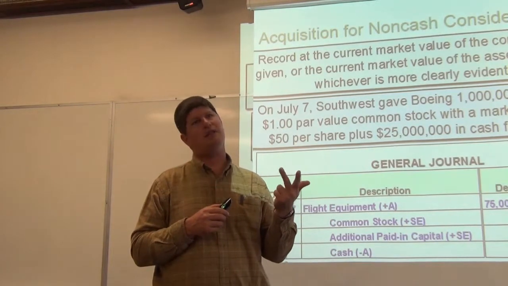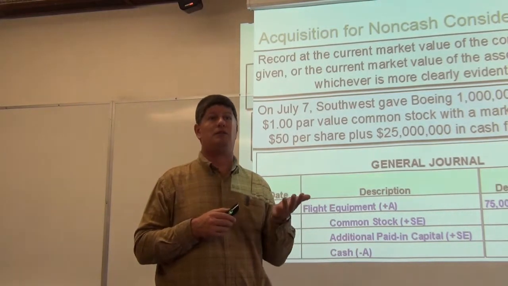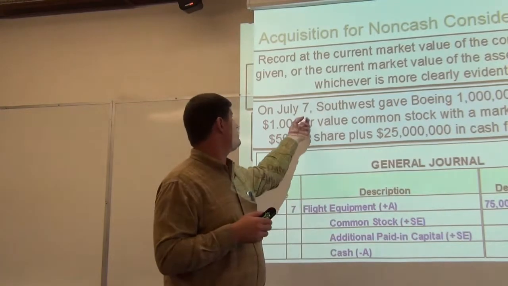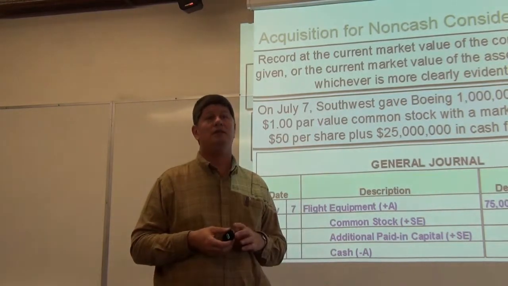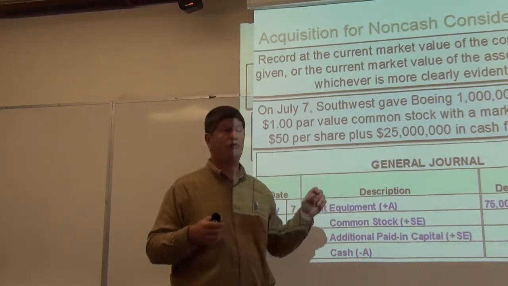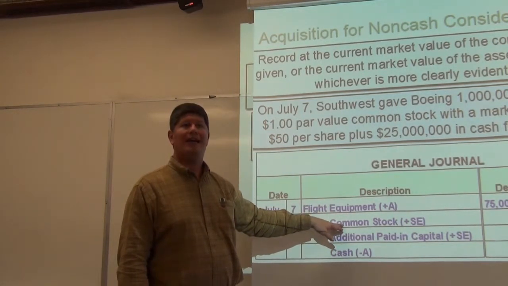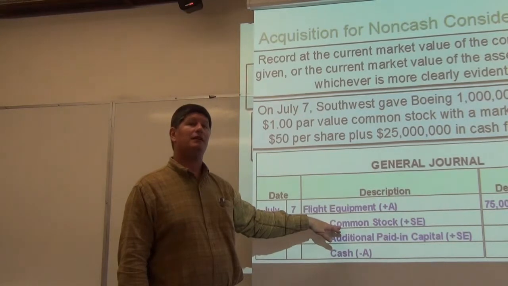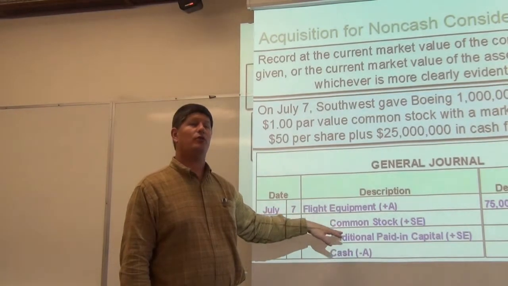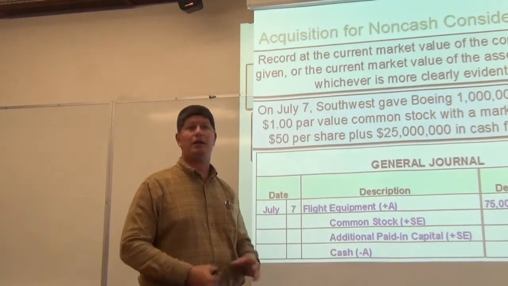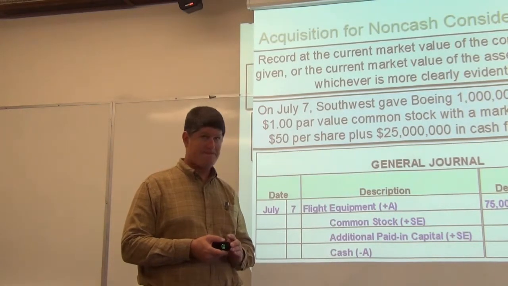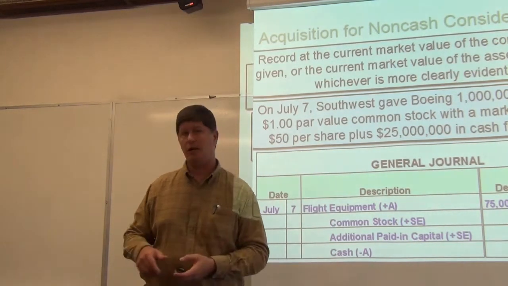I've seen 10 cents. I've seen a penny. I've seen 10 bucks. Typically, you see either a dollar or a penny. So you record the par value, the stated value, to common stock, and anything between stated value and market value goes in additional paid-in capital. Okay? Questions on that, anybody?